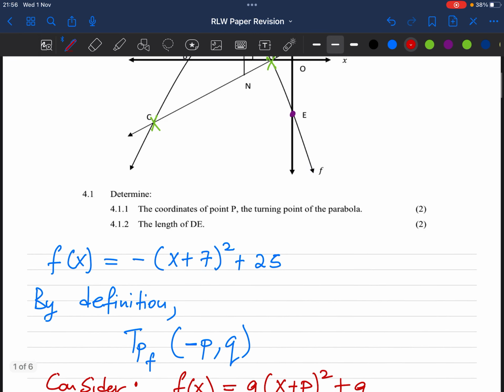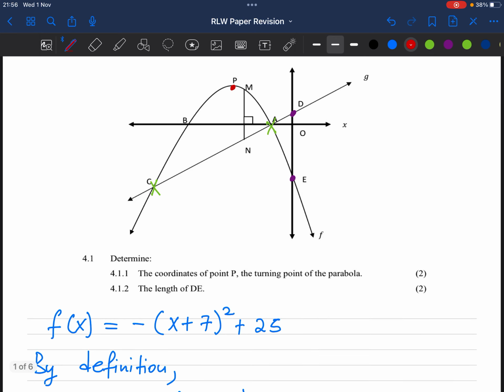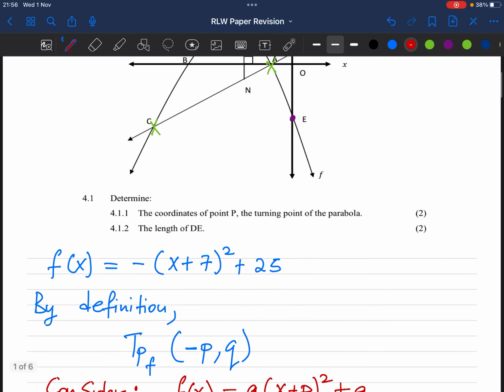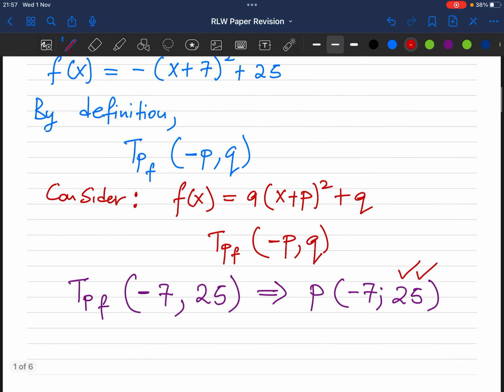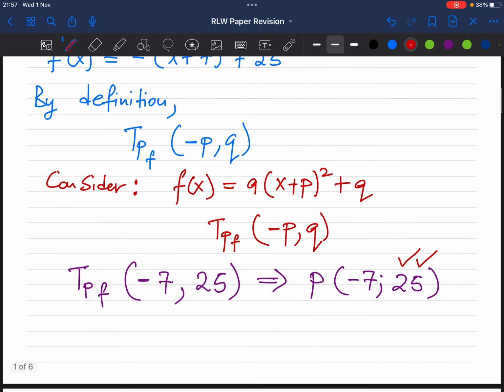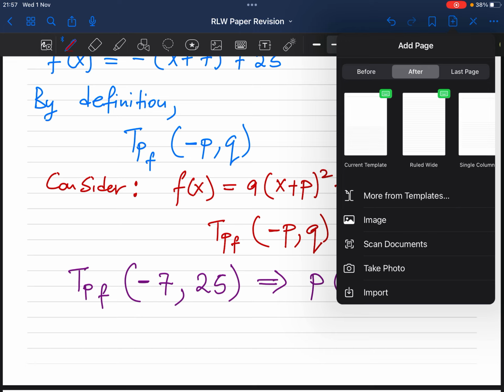So let us suppose that you were given the same problem, but you were required to use another method, because it's easier if you have many methods to solve a particular problem.